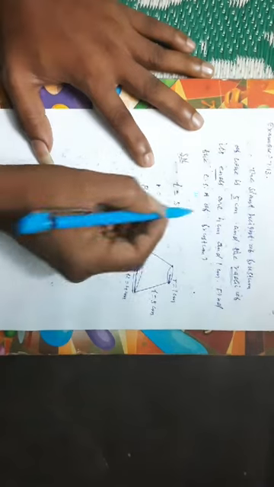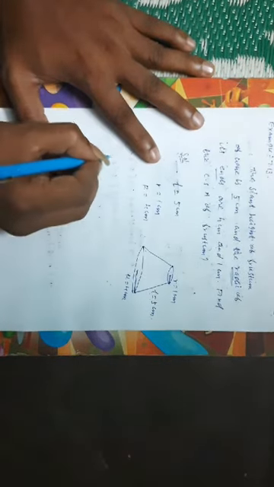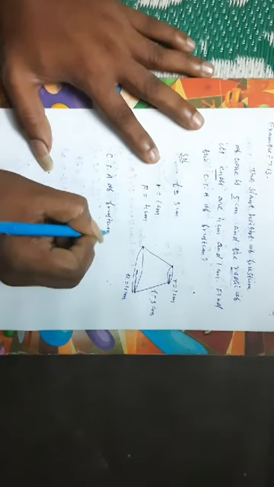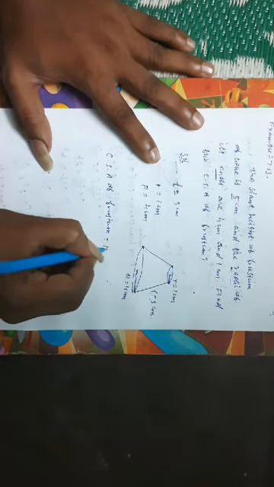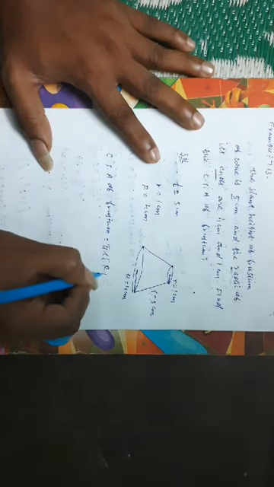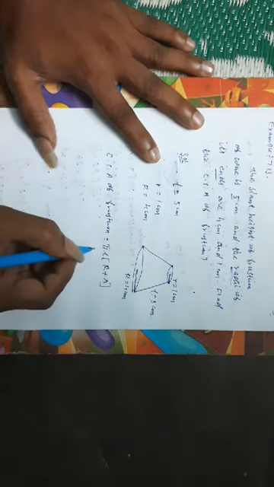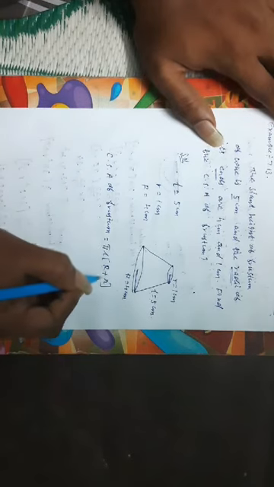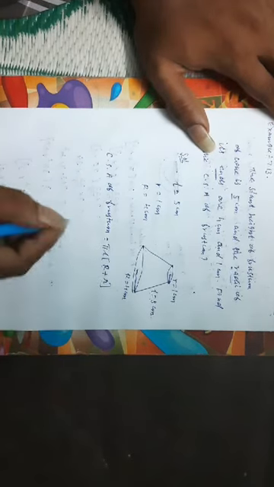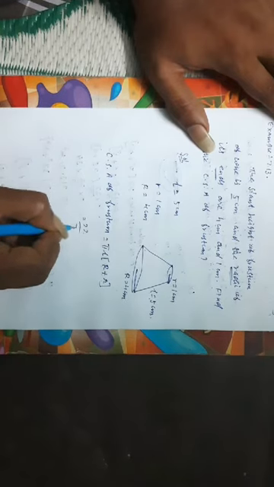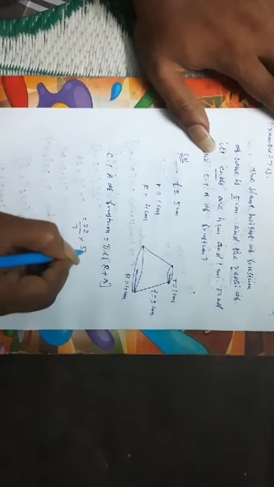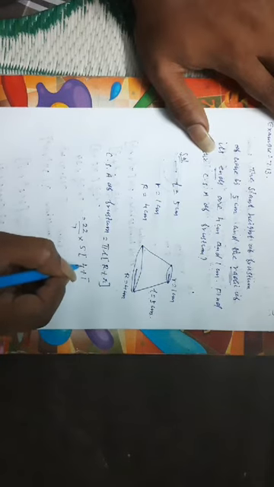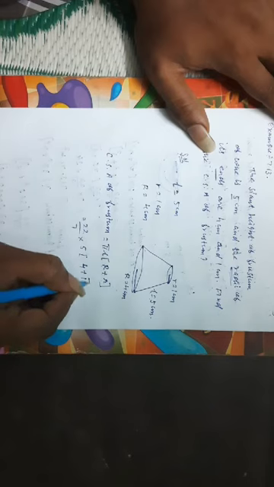You want to find the CSA of the frustum. The CSA of a frustum formula is pi L into capital R plus small r. Substitute pi is 22 by 7, L is 5, capital R is 4 and small r is 1.